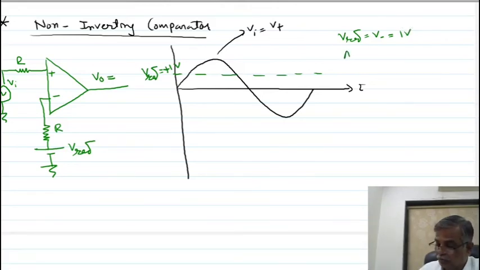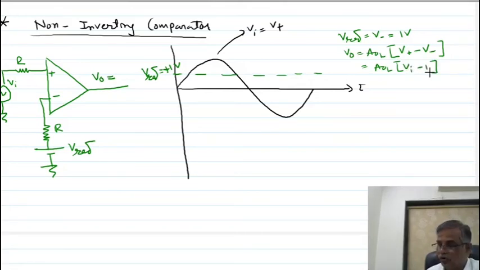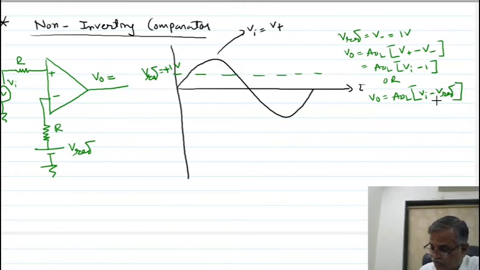What is the equation of the output? The output equation is the gain multiplied by V plus minus V minus, that is AOL times Vi minus 1 volt, or reference voltage. Or you can write VO is nothing but the gain times Vi minus V reference. That is your choice. Now I have to draw my output voltage.